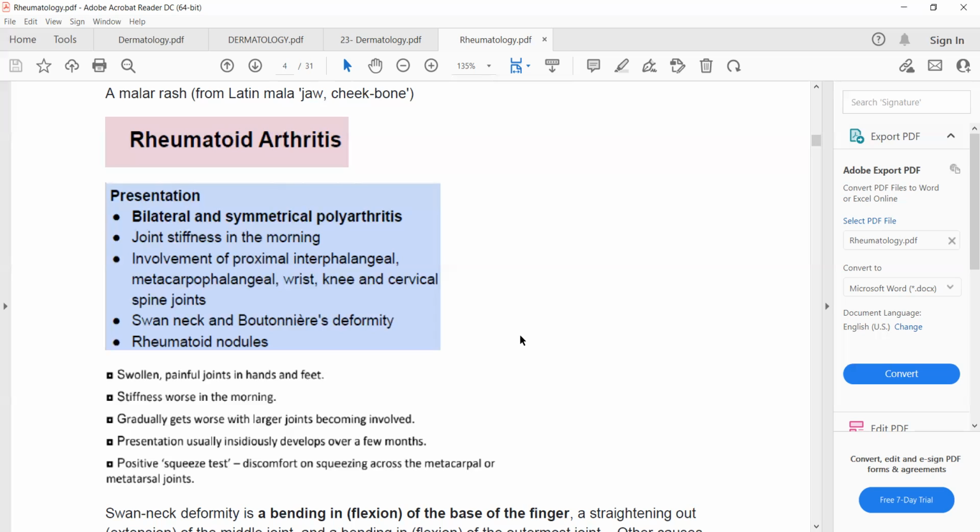Rheumatoid arthritis usually involves the proximal interphalangeal and metacarpophalangeal joints. But small joints such as the interphalangeal and metacarpophalangeal joints are more commonly involved.